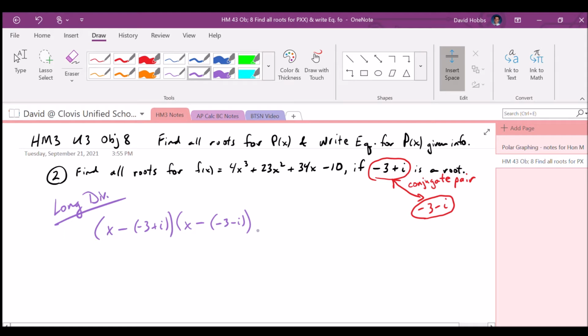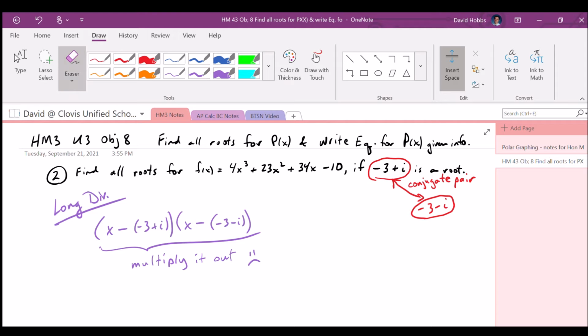You would have to multiply this out, and we are multiplying a trinomial times a trinomial. And that's, yes, it can be done, but it's not easy, and there's lots of opportunities to make mistakes. So I don't recommend this method.